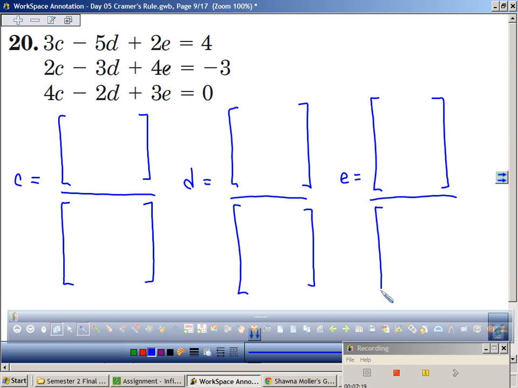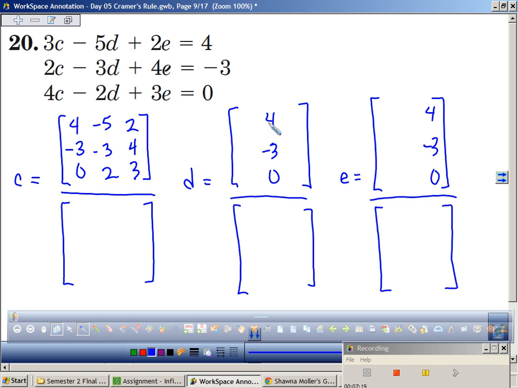Just like the last one, if I want to find C, I should put that there. 4, negative 3, 0. Then this one would be negative 5, negative 3, 2, 2, 4, 3. You take the coefficient.